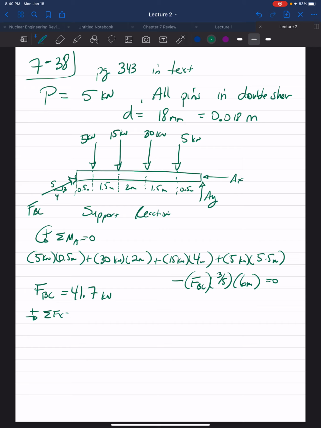Take the sum of our forces in the x direction equals 0. You have your FBC, so your 41.7 kilonewtons, times the horizontal component, which is the 4/5, minus your AX. Therefore, your AX is equal to 33.3 kilonewtons.